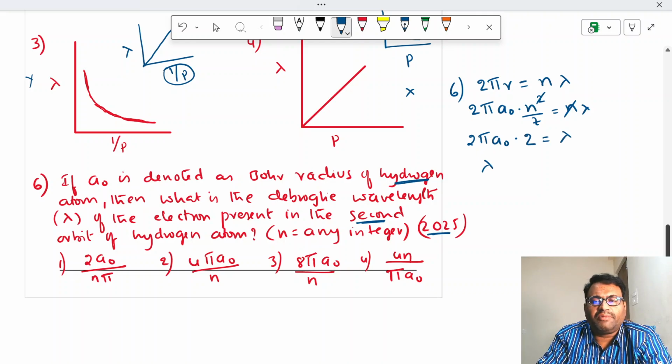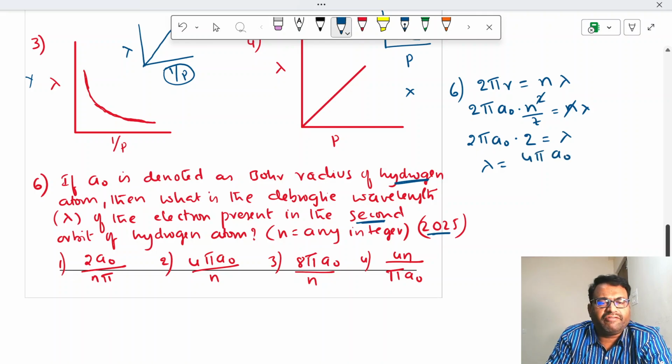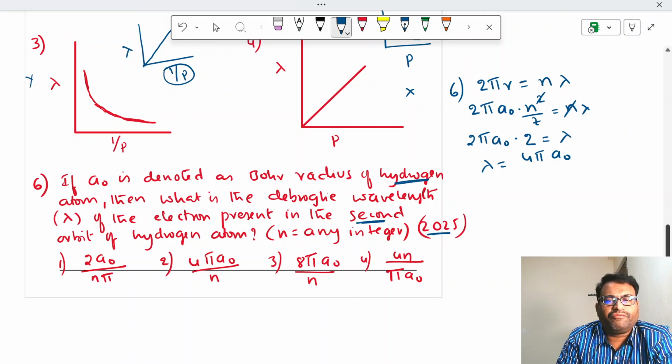So what do you get? Lambda is equal to 4 pi A0. But here given by n also. So on solving this, where do you get 4 pi A0 lambda? Here 2 A0 by pi into 2. So do we get answer A0?